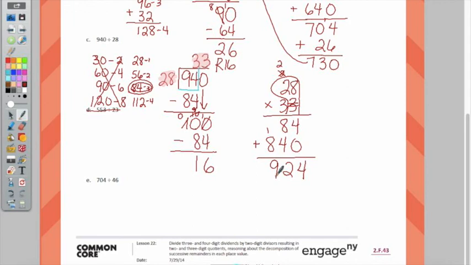What do I have to do now? You're gonna add my remainder. Ooh, I gotta write the other two. That's pretty much all the room I have on the paper.